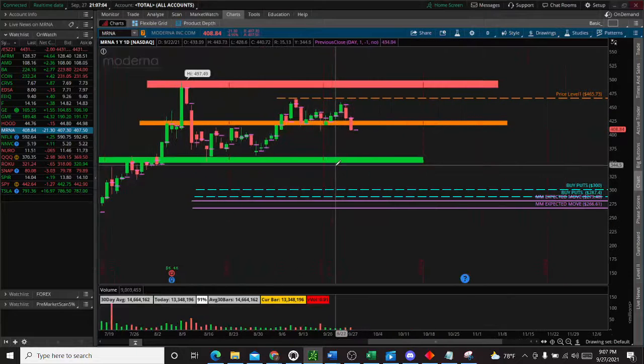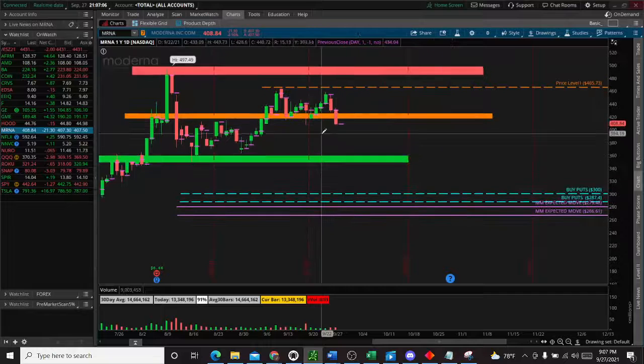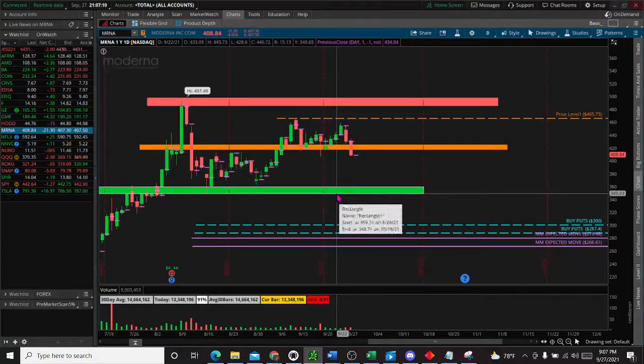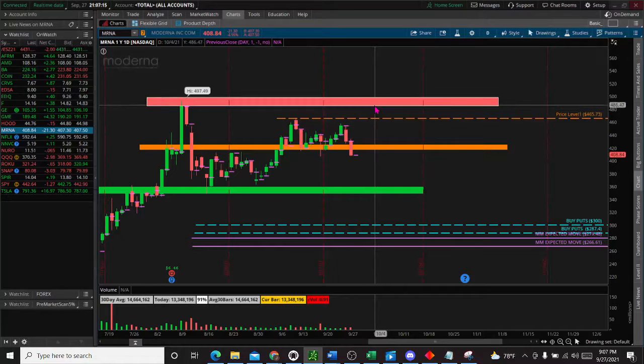On the shorter term, we can see that Moderna was having an extremely difficult time making its way back to 500, especially with no recent positive news to support the stock in another leg up. Moderna has just struggled making its way above 500.